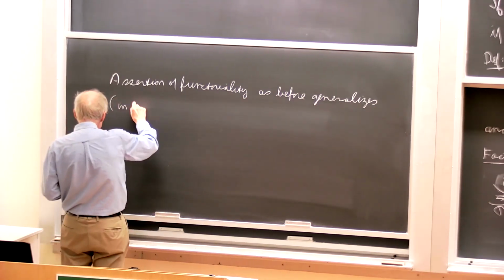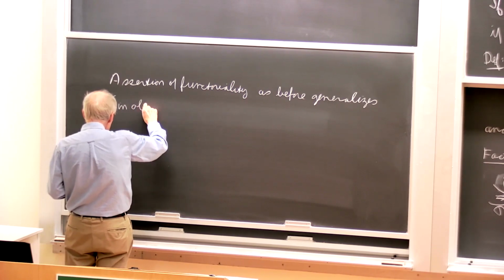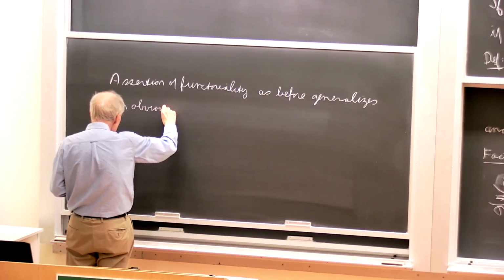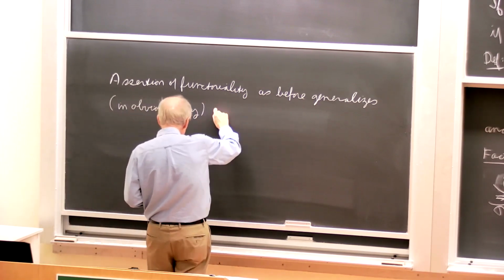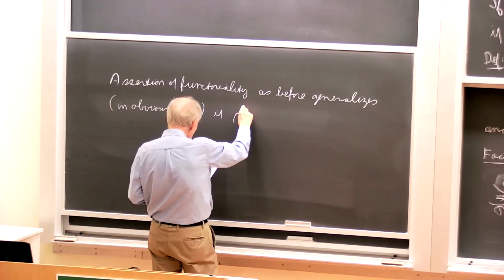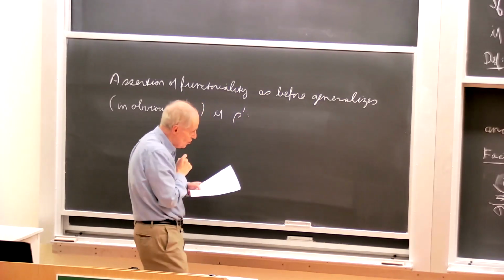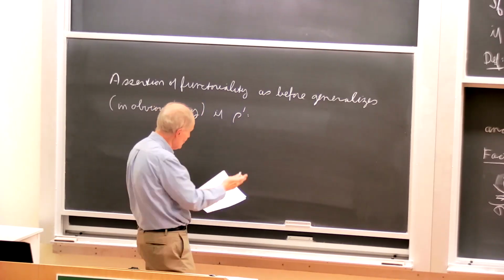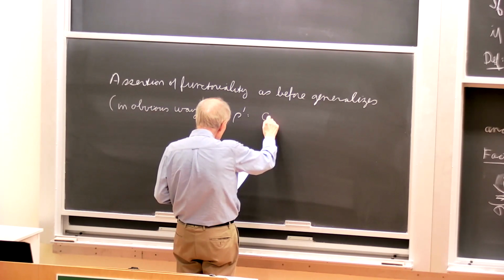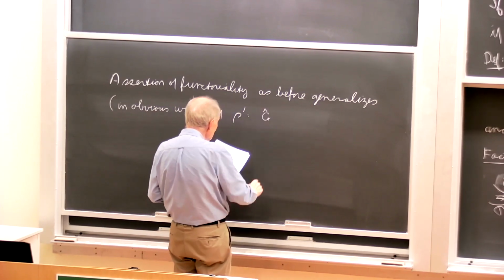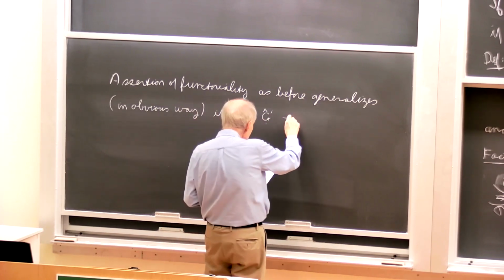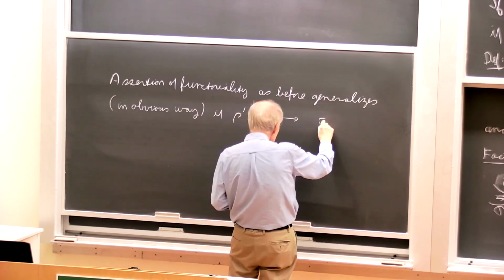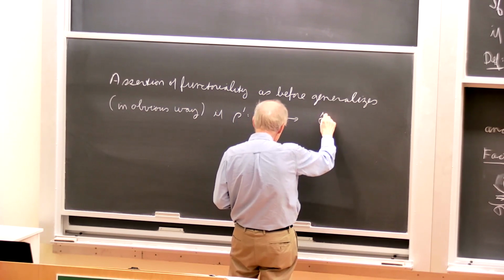But it generalizes in the obvious way. If rho prime, we had it before, was a homomorphism from the first complex group to the second one. Yes, you can write this down.